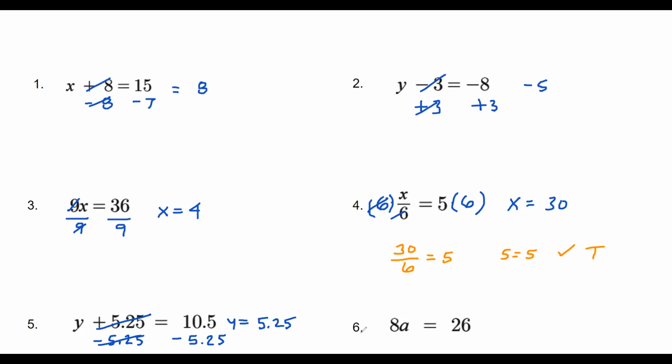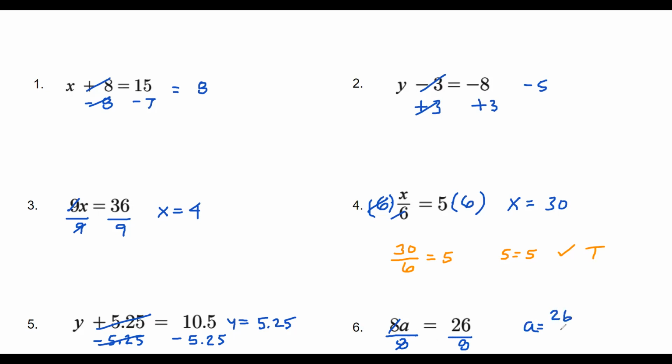And in problem 6, we are multiplying a by 8. So let's do the opposite of that. That's divide by 8, both sides. That will get our variable all by itself on the left-hand side. And we're left with a equals 26 divided by 8.